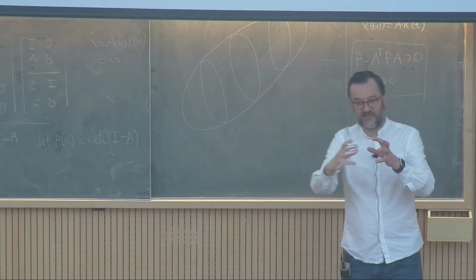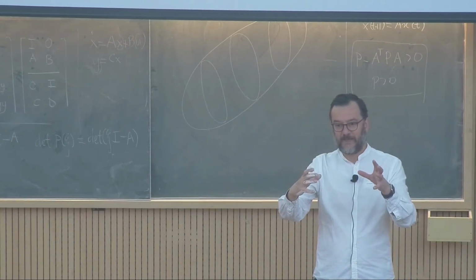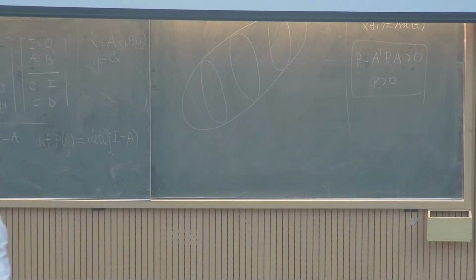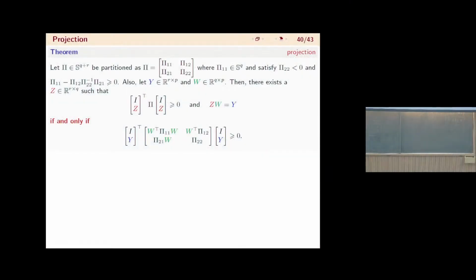It's a three-dimensional ellipsoid. So the z variables satisfying that QMI are points on this three-dimensional ellipsoid.